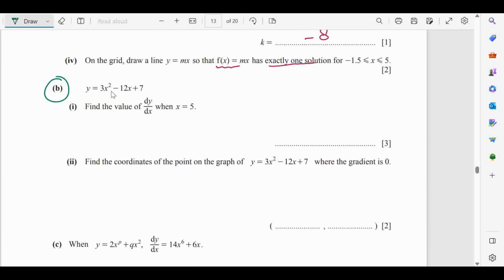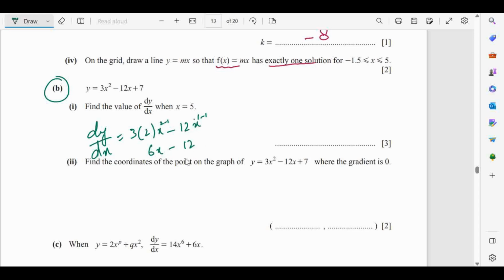Y is equals to 3x square minus 12x plus 7. So we need to find out dy by dx. dy by dx will be equals to 3 into 2x minus 12 into x power 1 minus 1. So this must be 6x minus 12.